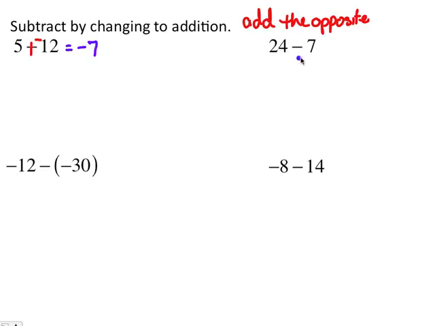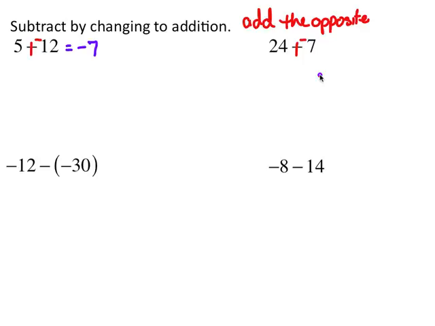The next one is 24 minus 7. Now, yes, this is the same 24 minus 7 that you learned in earlier grades. But we can do the same thing and still get the same answer. So we're going to keep adding the opposite. 24 plus negative 7. We've got our addition problem now. The signs are different in this case.